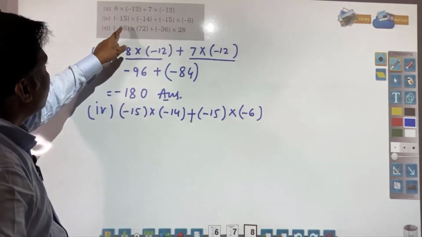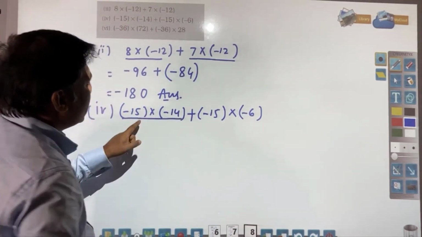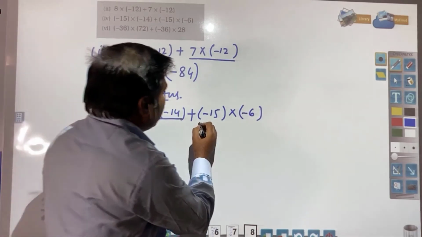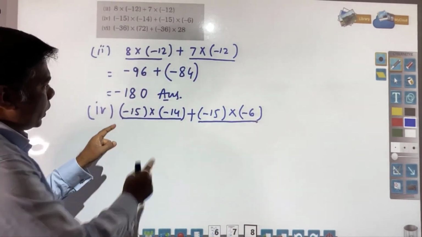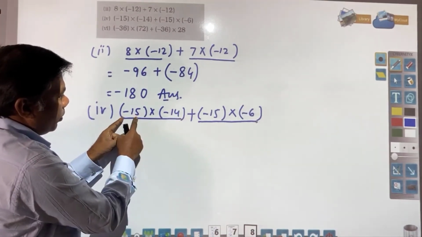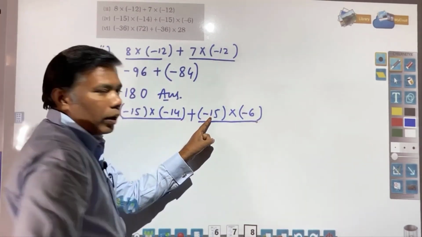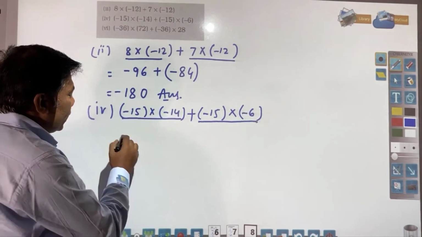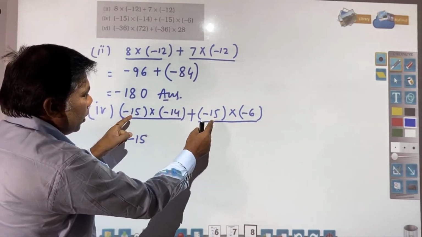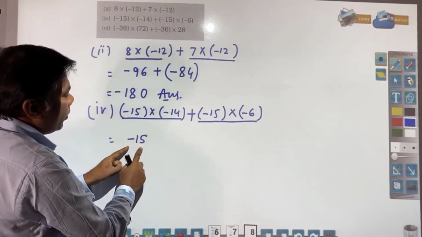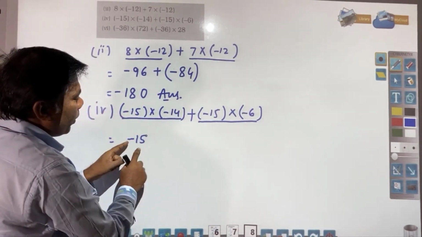So these two terms are required to be multiplied. One easier way is there. Here you see, in this term you have -15. In this term also you have -15. So you take -15 common because -15 is there in both. So it is the common number.